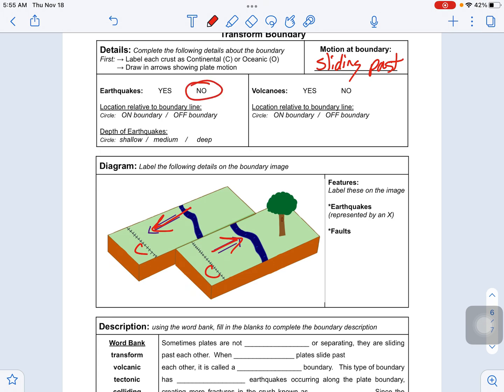Okay, earthquakes, yes, they are going to occur on the boundary, right where those plates are, and they're going to be shallow. Volcanoes, no.